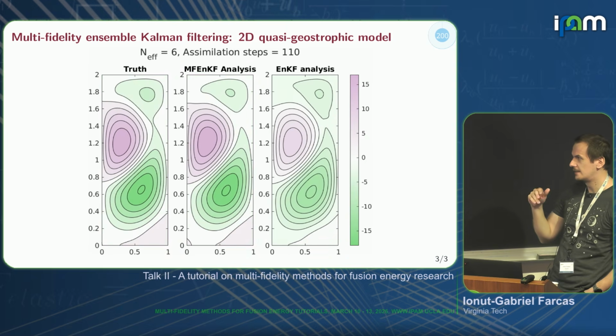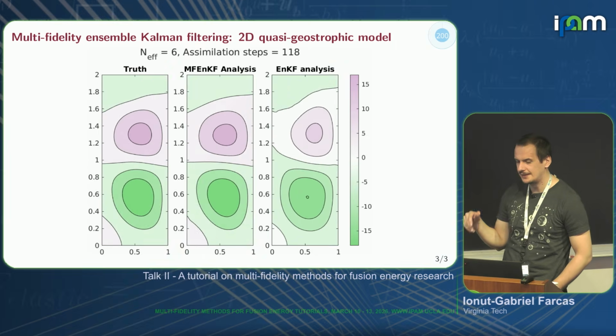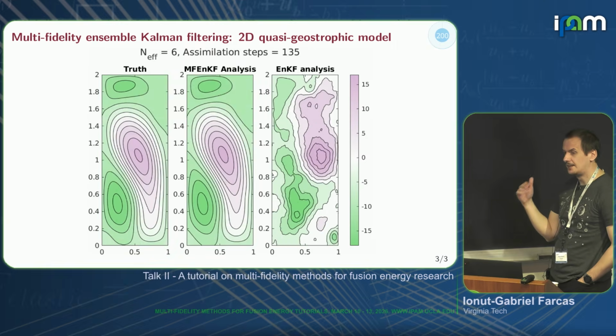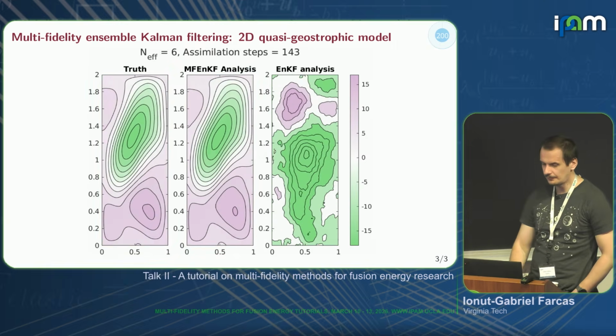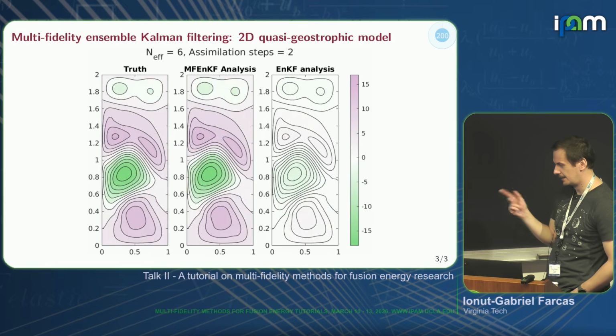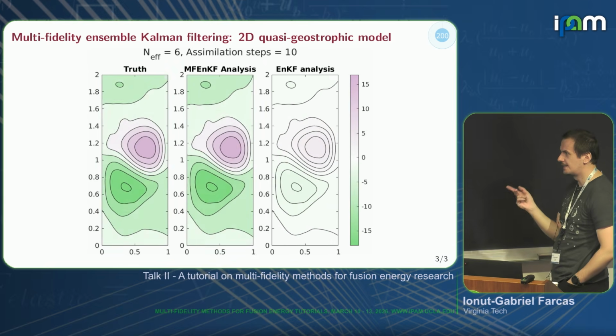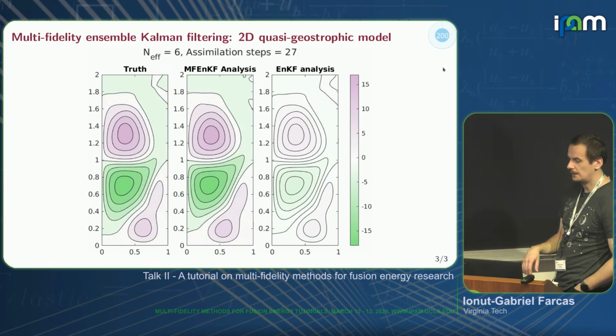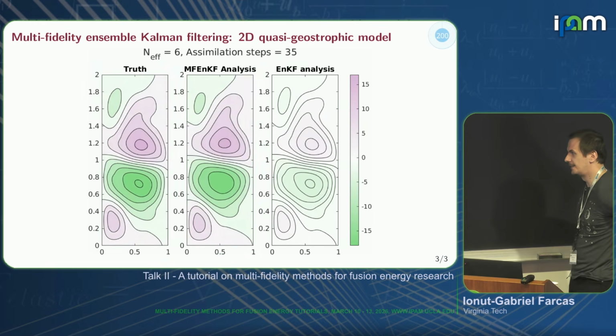The reference is on the first column, center is the multi-fidelity analysis. On the right, we show the analysis using just the high-fidelity model alone. And the effective ensemble size is the same in the two. So what we see is that with the multi-fidelity method, we can actually get quite decent state estimation.